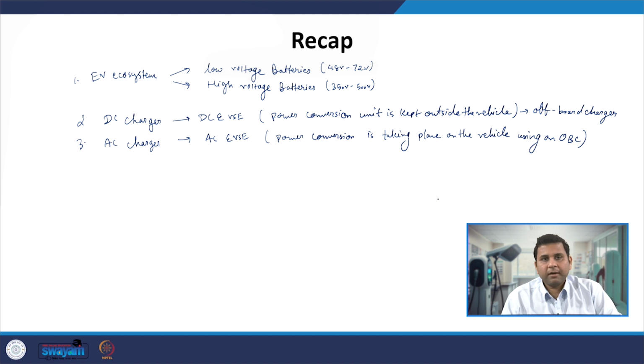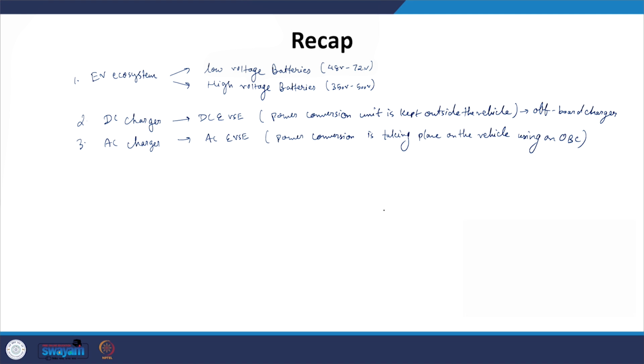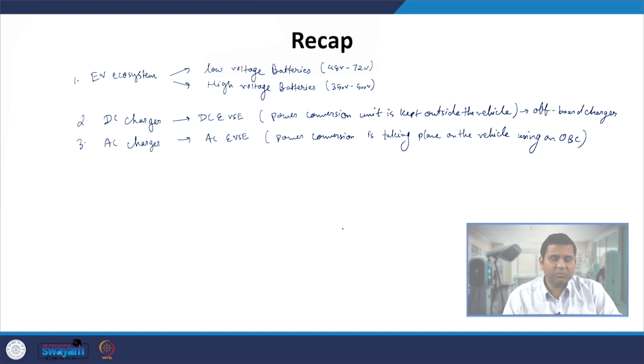So you require an onboard charger whenever you are charging your vehicle using an AC charger or AC EVSE. While charging your vehicle using a DC charger, you have DC EVSE, where the entire power conversion is taking place inside the EVSE itself. You are just plugging the DC voltage into your vehicle.